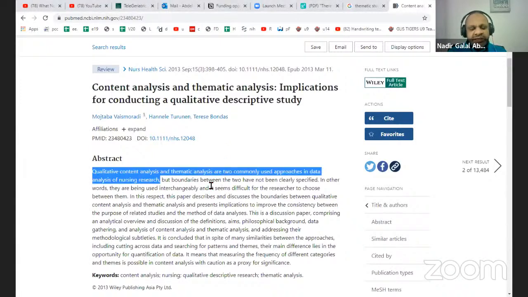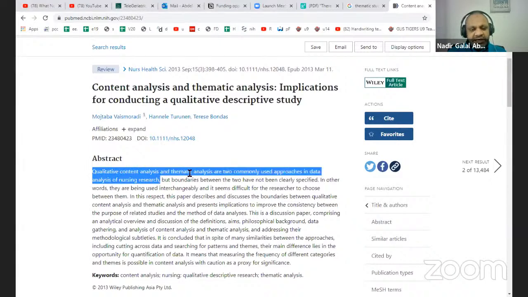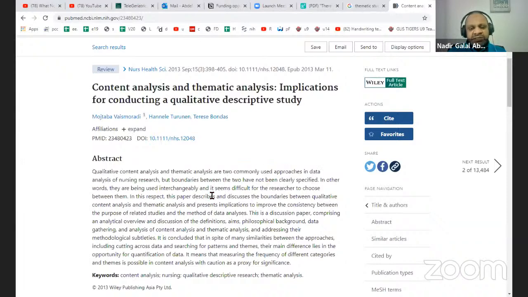If you look at the literature review or the papers, most of them are not going to put quotation marks and copy the same sentence. What they will do is change the sentence a little bit. Let's say, two commonly used approaches. We can say in the past there were two approaches for thematic analysis, but now we think there are three approaches, and then reference or cite this paper.